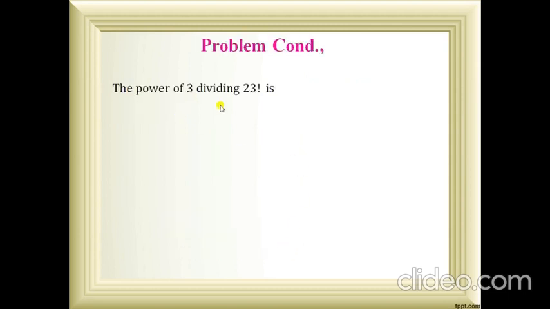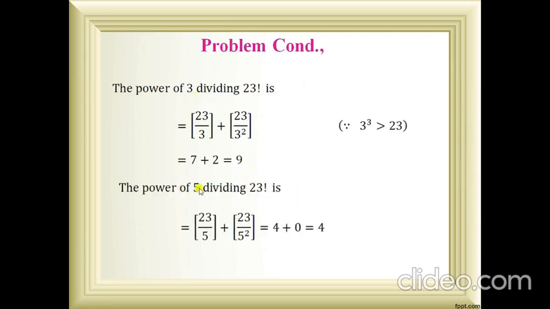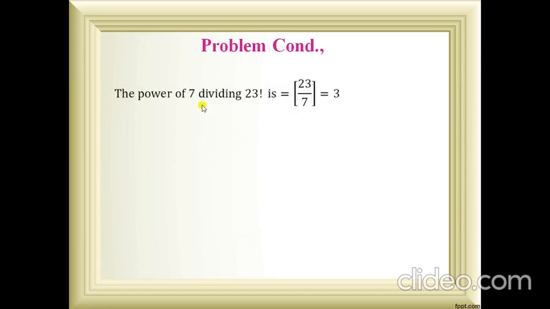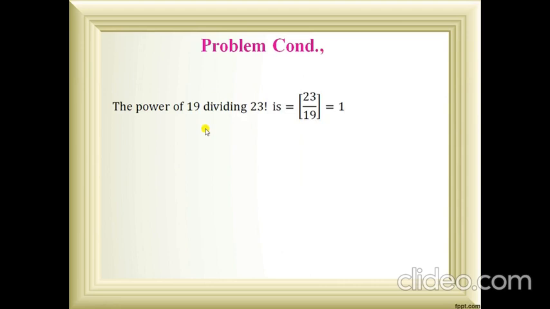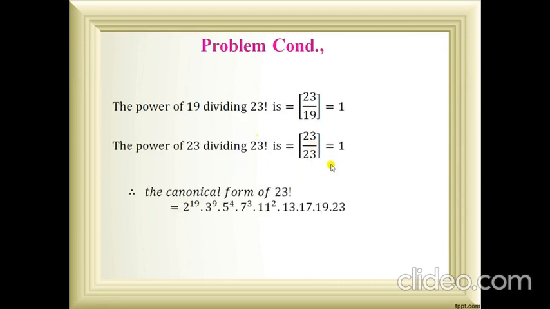When I use 3, I get 9, so dot 3 power 9. When I use the power of 5, I get 4, so 5 power 4. Next is 7 power 3, 11 power 2, 13 power 1, 17 power 1, 19 power 1, 23 power 1. Likewise, we need to take the product of all those things. It will give the final answer.